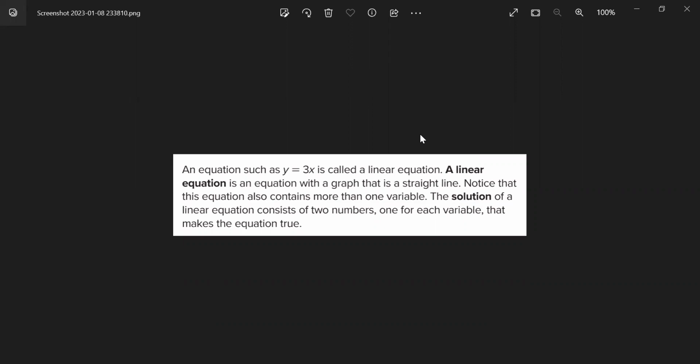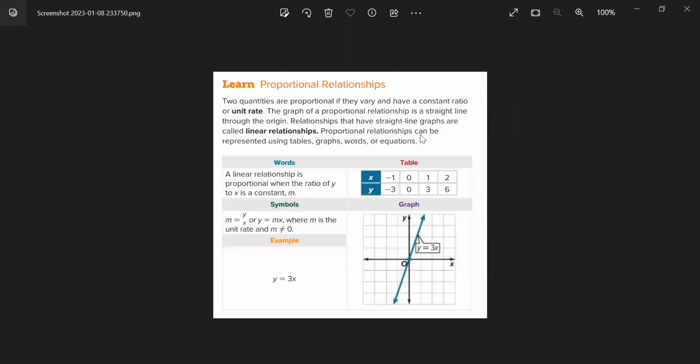The solution of a linear equation consists of 2 numbers, 1 for each variable, that makes the equation true. If you see this graph right here, it's a straight line. So that's why this is a linear equation, because the result when we graph it is a straight line.